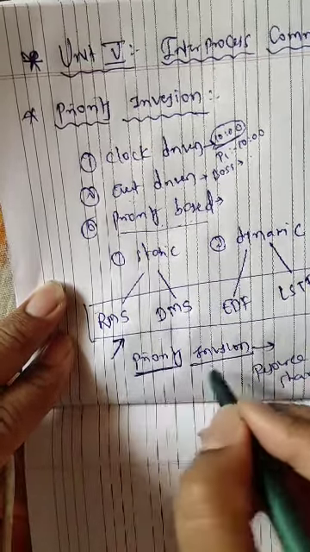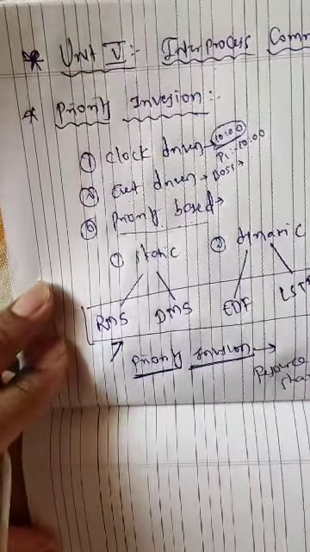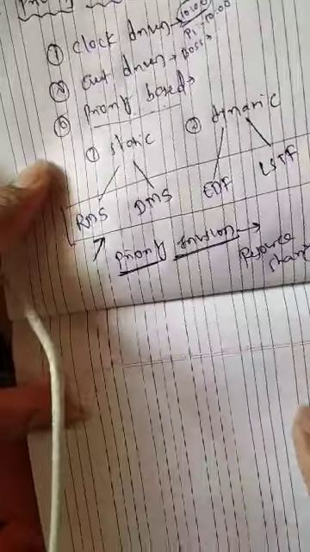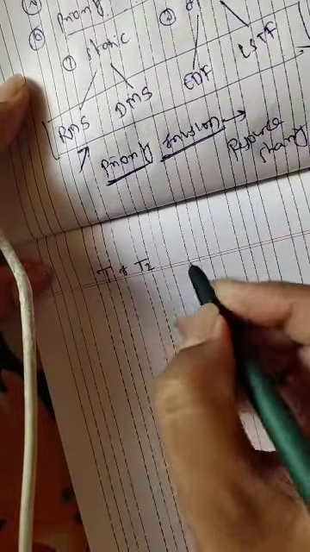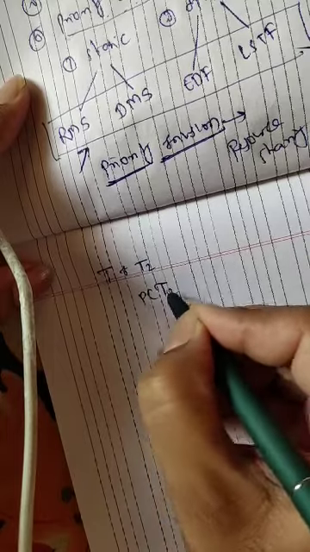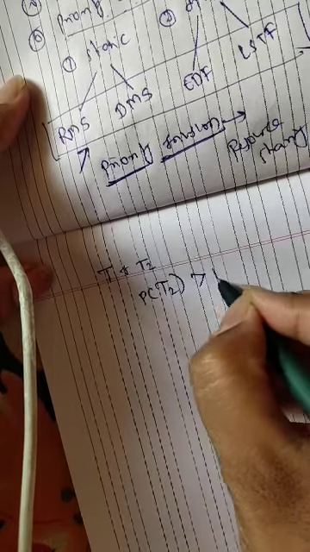Then what is meant by priority inversion? Let us consider there are two processes, T1 and T2. T2 has higher priority than process T1.